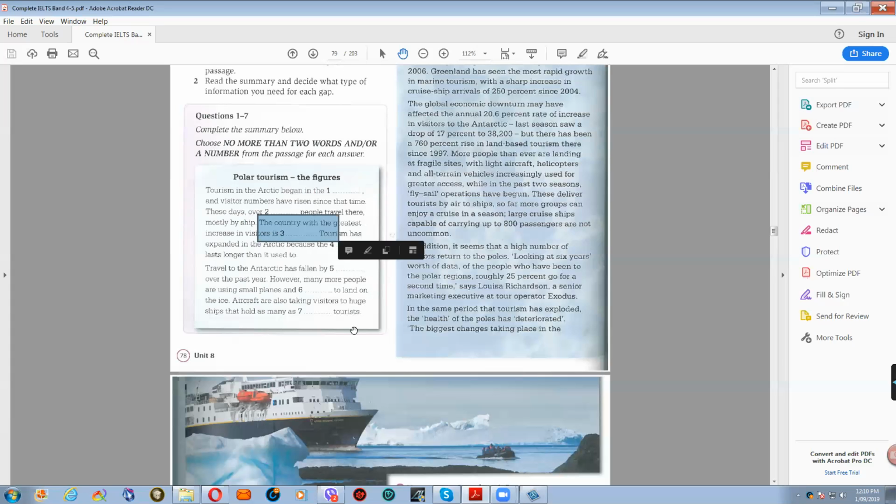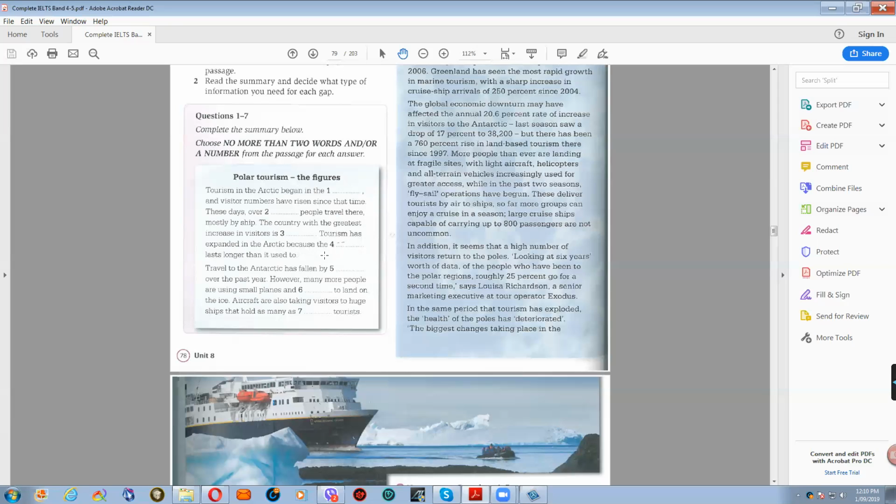The country with the greatest increase is... I think it's a word. But what kind of word? The name of a country.